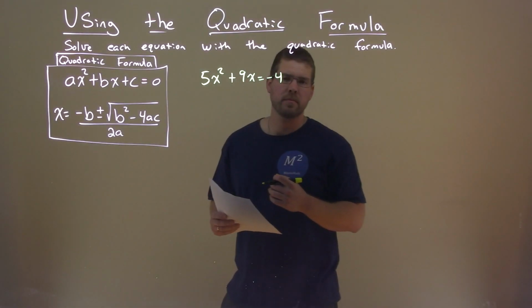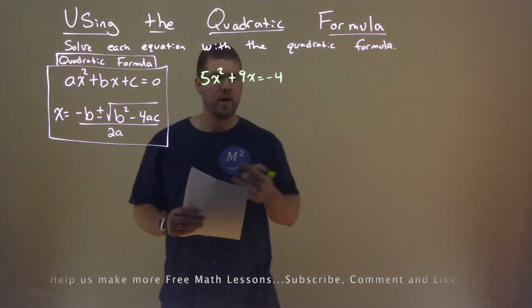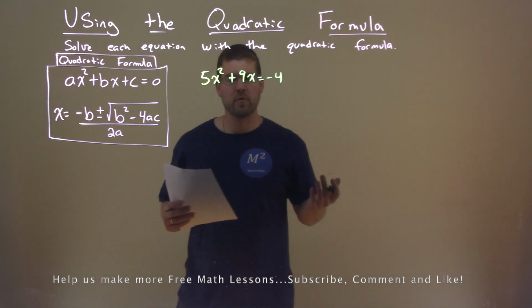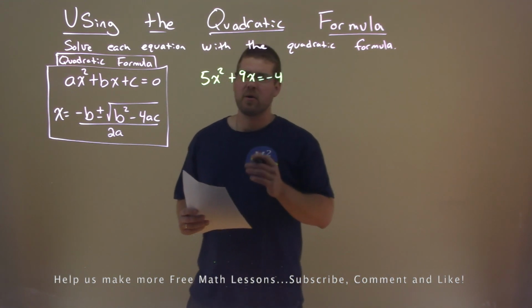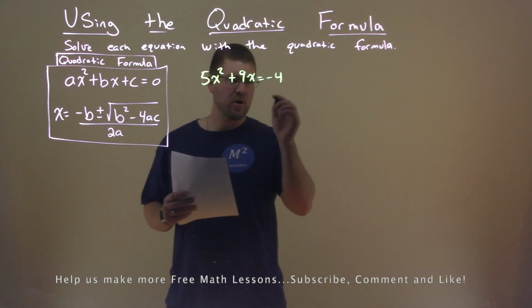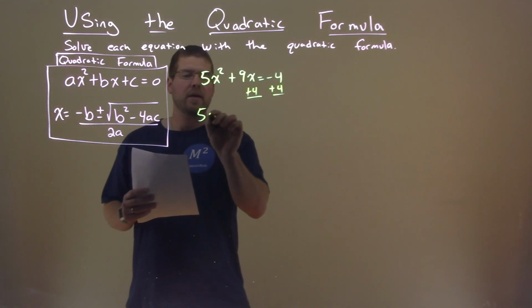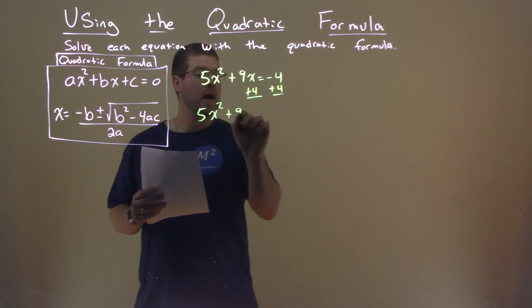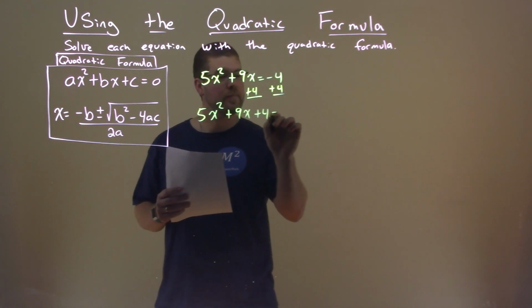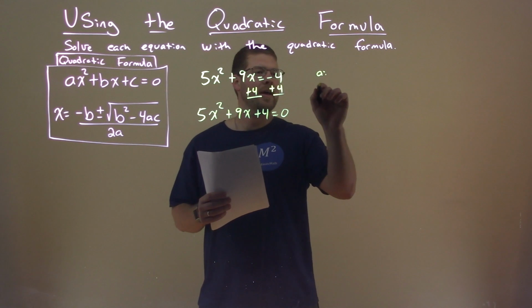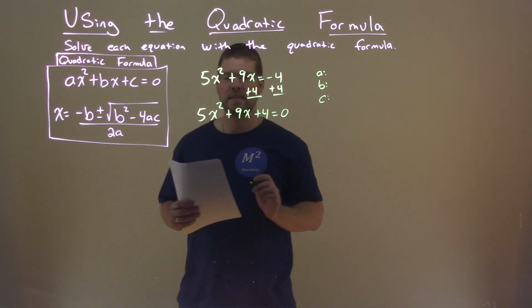We're given this problem right here. 5x squared plus 9x equals negative 4, and we want to solve using the quadratic formula. We have to get our equation equal to 0 first, so I'm going to add 4 to both sides. That gives us 5x squared plus 9x plus 4 equals 0. So now I can find my a value, my b value, and my c value.